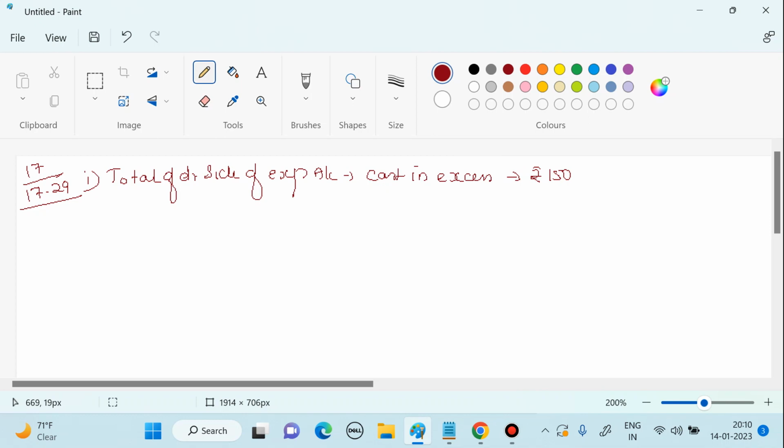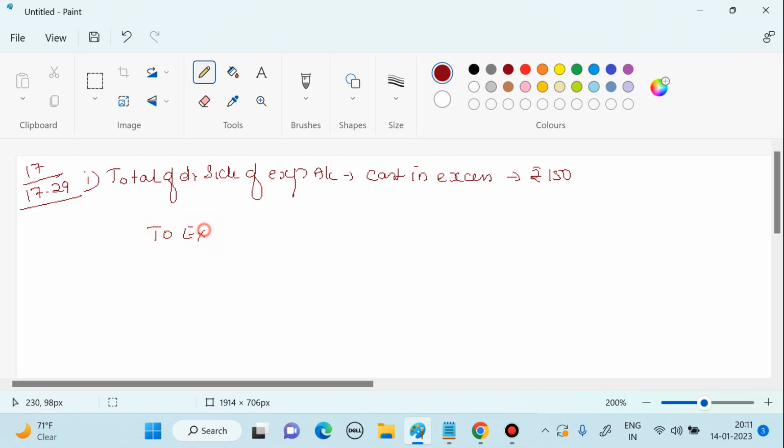Total of debit side of expense account. So expense account has been debited extra, correct. Cast in excess means when you total, 150 more was put to the debit side of expense account. Correct, very good. So we have to reduce it. So to reduce it, what should we do to the expense account? Credit it.